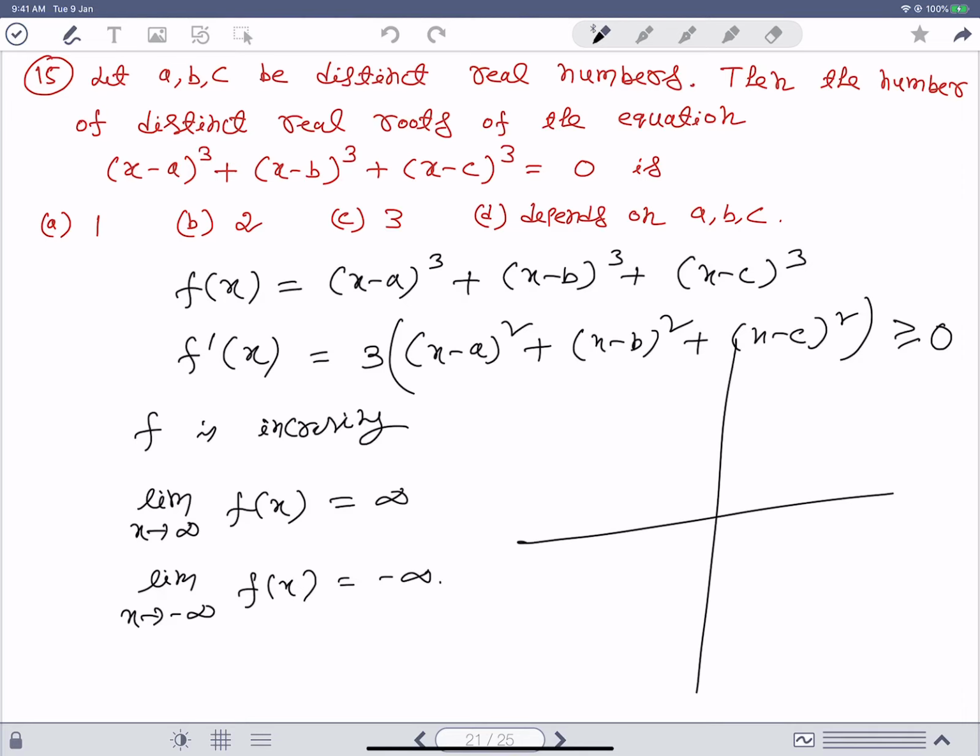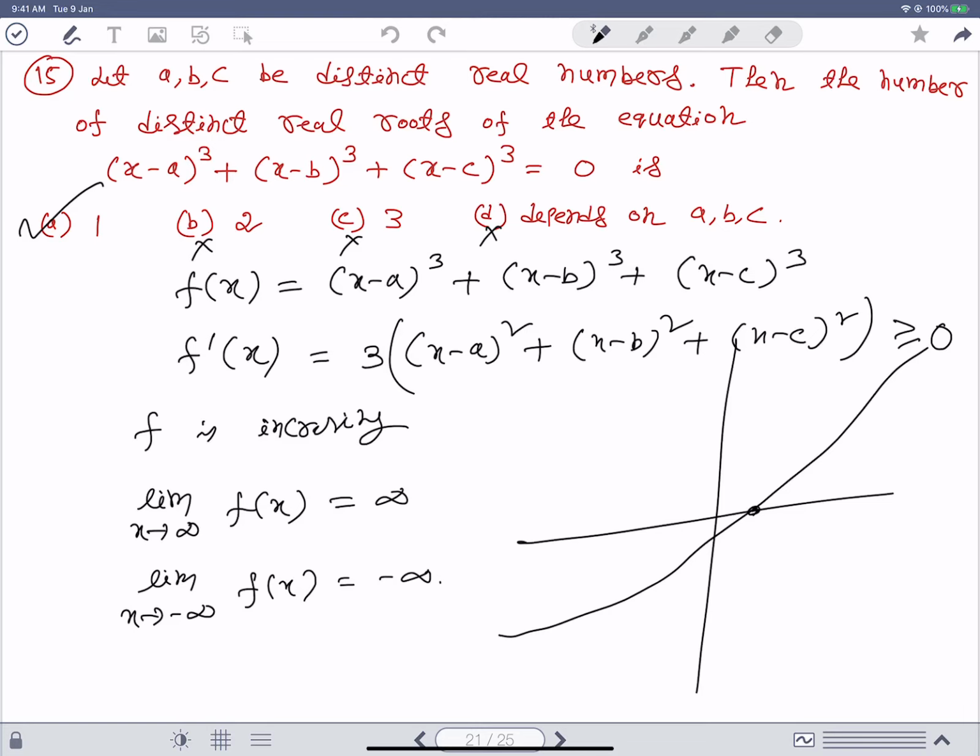So you have a strictly increasing function, so it should have exactly one real root, not 2. So this will be the right answer. It does not depend on a, b, c. a, b, c can be any value.